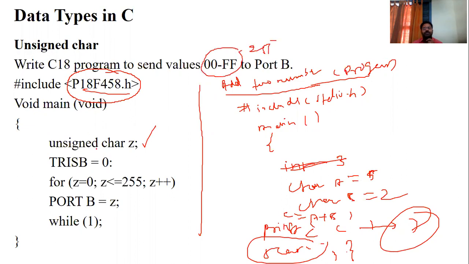We can make port B the output port here. Then the values it can take go from 0 to 255. That's why you write the logic for z equal to 0, z less than or equal to 255, z plus plus. You can assign port B to z, that is port B is equal to z. So that value up to 255 is loaded into port B.